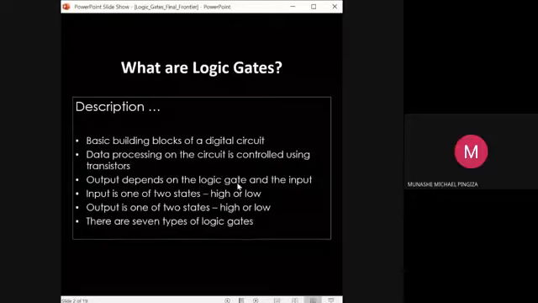Yes, sir. So when we're looking at our logic gates, there are 7 types of logic gates. Can we quickly name the 7 types of logic gates that we found out during our research? Or better yet, let me start off by naming the AND, the OR, the XOR, the NAND, what else?